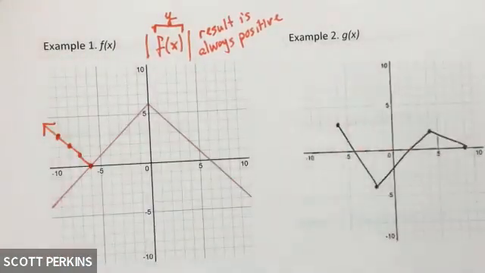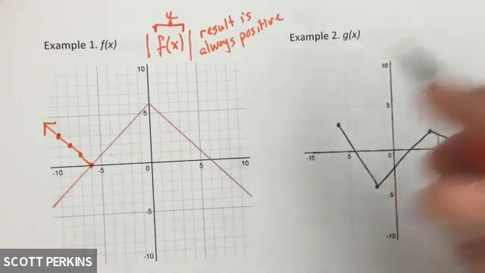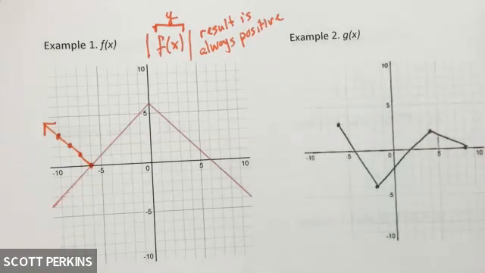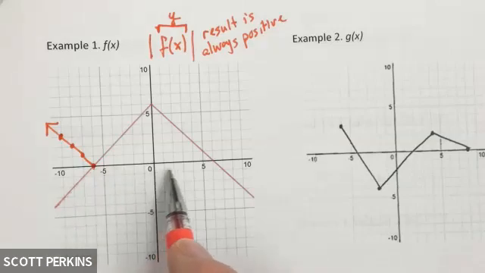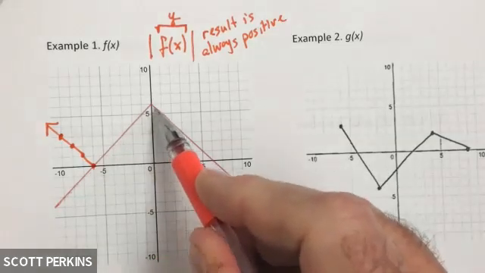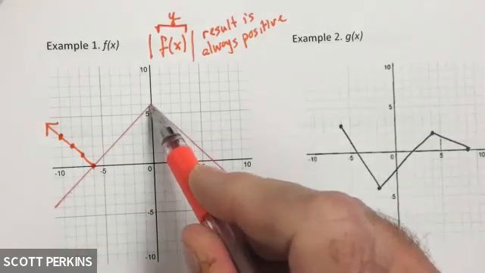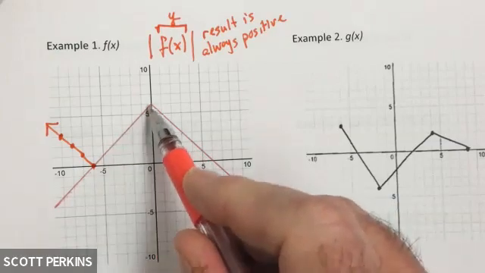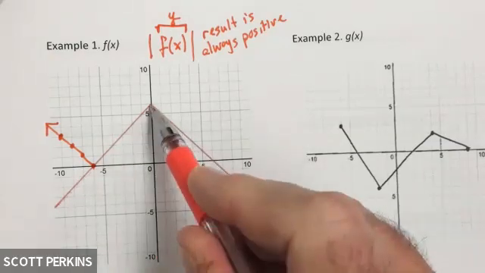There we go. So the orange one, I probably should have picked a better color. I apologize. The orange one is the new graph. It's the absolute value graph. Now these points in the middle, these y values that I'm now tracing over, the triangle part of the graph, are these values negative or are they positive?